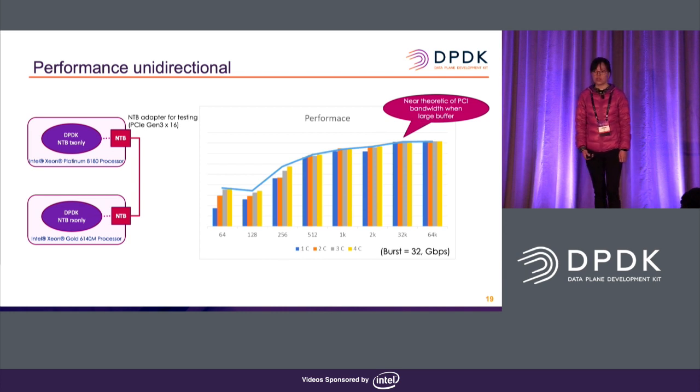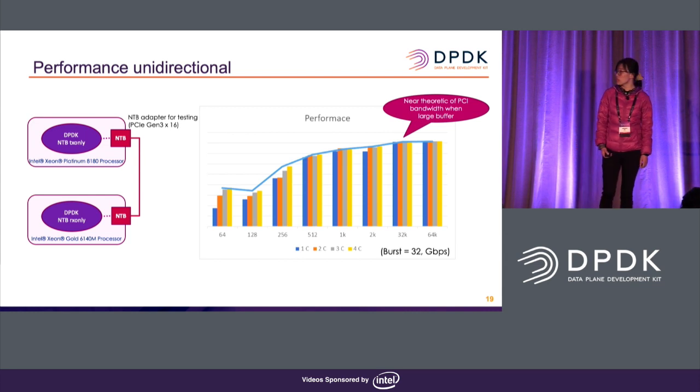One server is just for sending, another server is just for receiving. We can see that when the buffer size is increasing, it gets very near to the PCI bandwidth. And when the buffer size increases to maybe 256 bytes, one core is almost enough for the data movement.